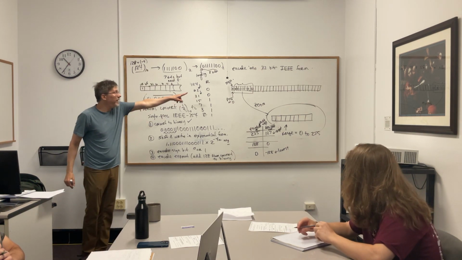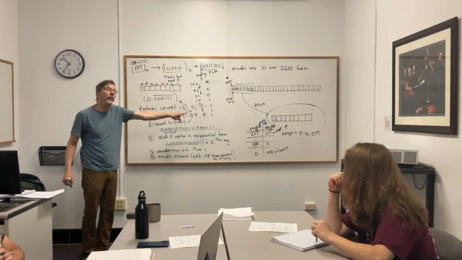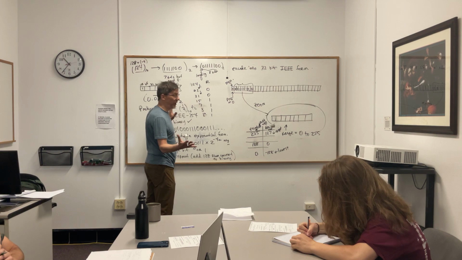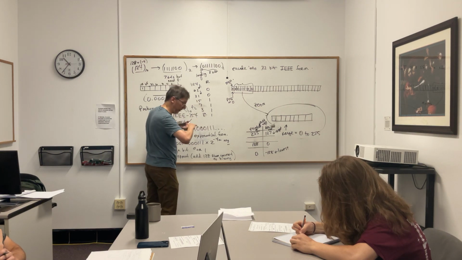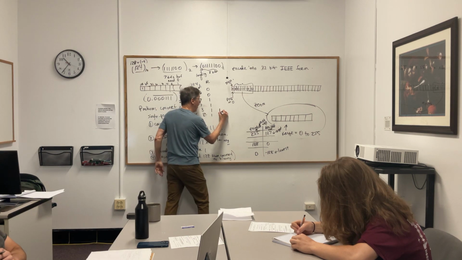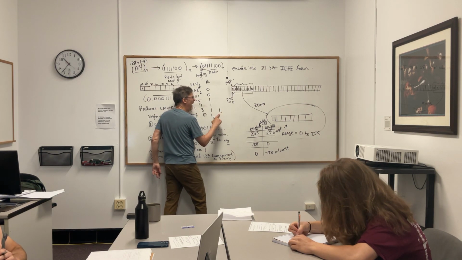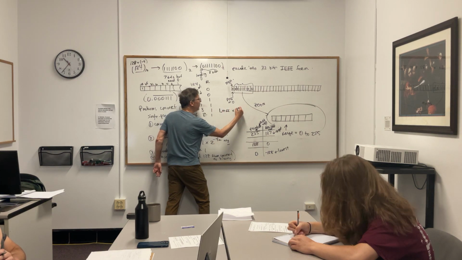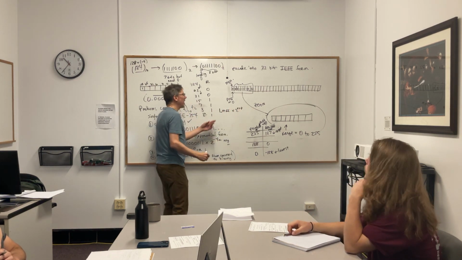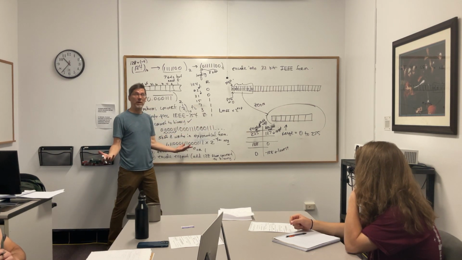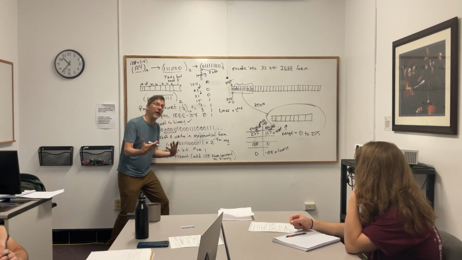So this mantissa always assumes that we have taken a non-zero number. If the number's 0, we're just going to do something particular. But if the number's non-zero, I can always write it as 1 point stuff times 2 to some power. So we'll always be able to get this 1 out in front. So why encode it? This is one of the cool things about a standard like this.